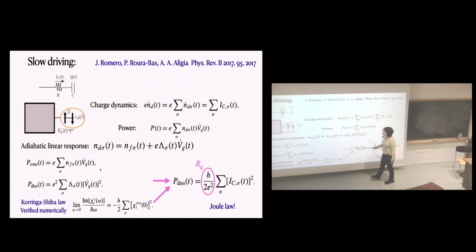This is the adiabatic expansion for this problem, and from there we can calculate the power, just substituting here. So we have the conservative part, which is linear in the velocity, and we have the dissipative part, which is quadratic in the velocity.